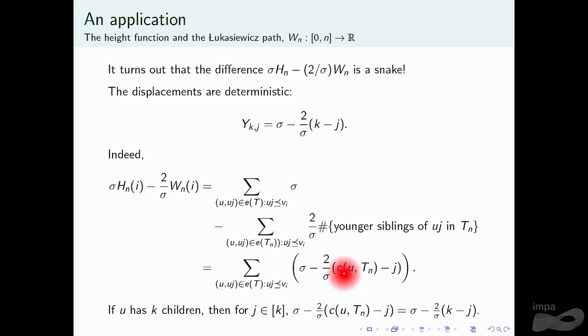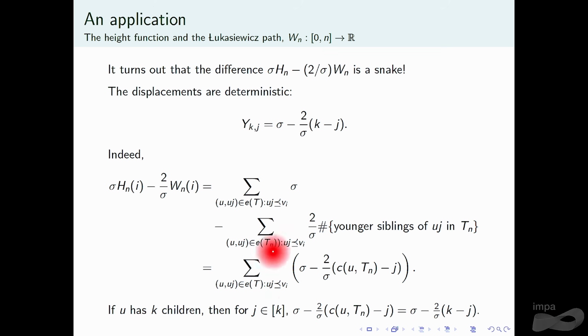Okay, but that is just, if I think about the number of younger siblings of vertex uj, this is just going to be the number of children that its parent had minus its position within the ordering, right? So this is precisely giving me the number of children minus its position, and then I'm bringing in this sigma here from the height, okay? And so if you had k children, then this thing here is precisely sigma minus 2 on sigma times k minus j.